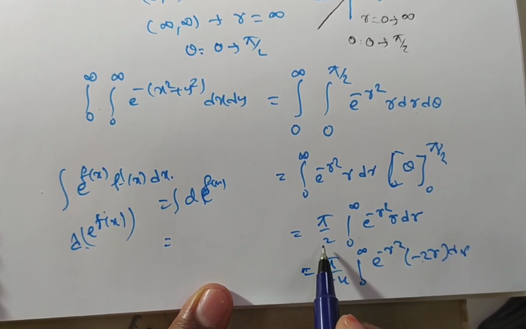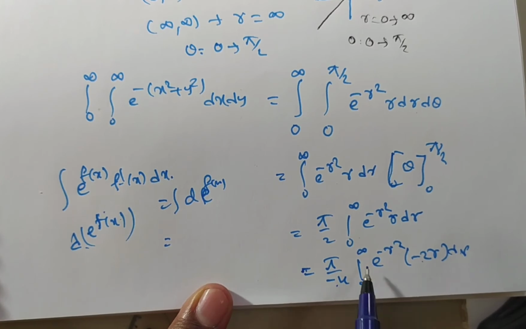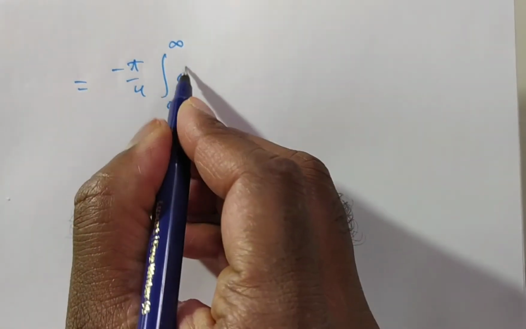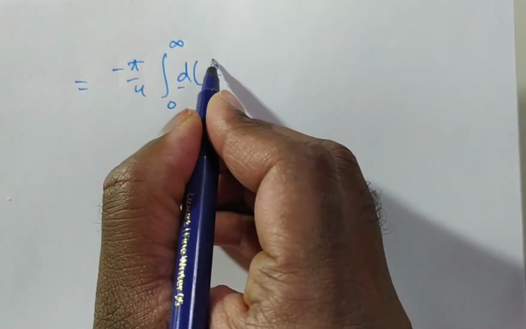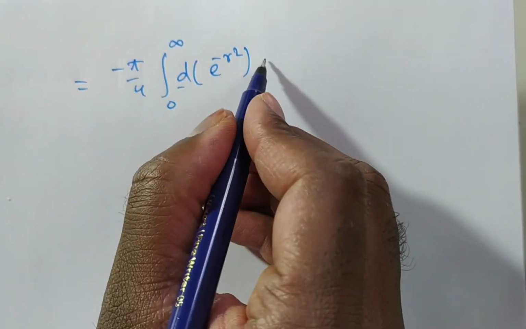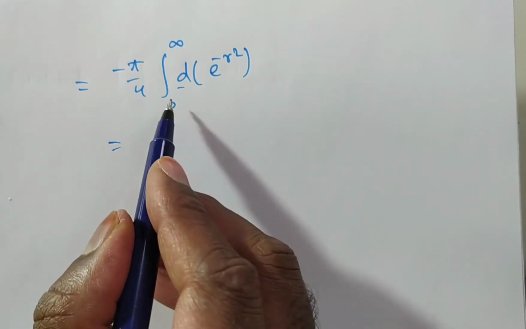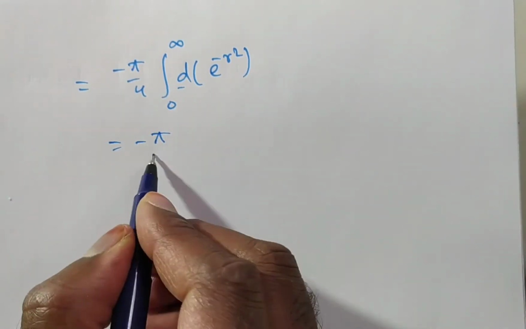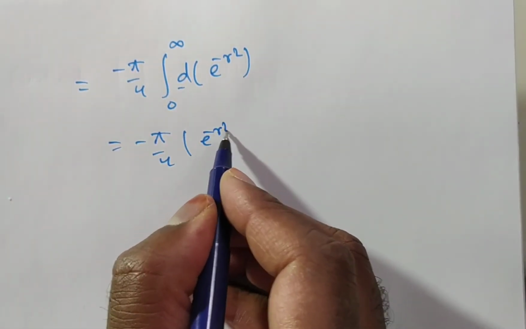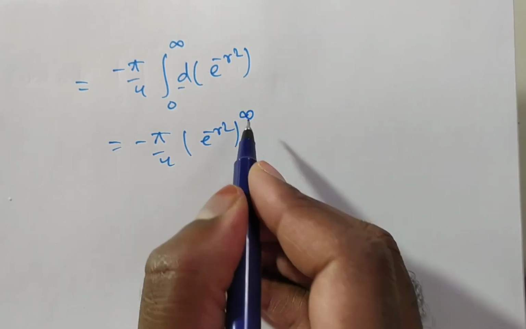That is why 2 times minus 2 is minus 4, which I have written. Now this is the derivative of e to the power of minus r square, directly. So the integration and differentiation cancel, and you will have e to the power of minus r square, with lower limit 0 and upper limit infinite.